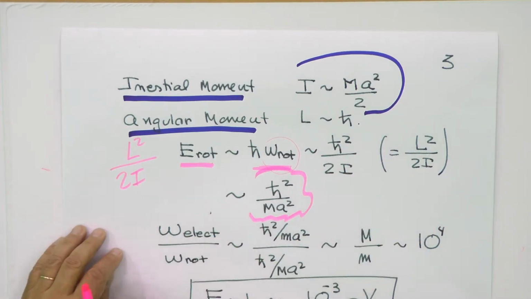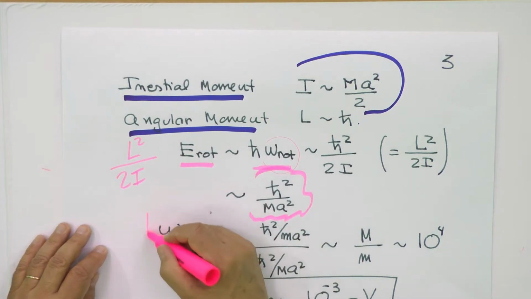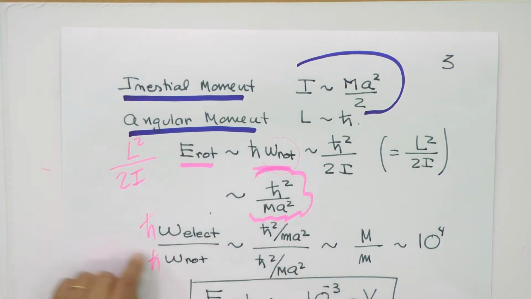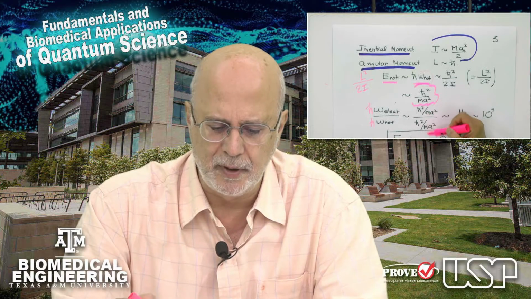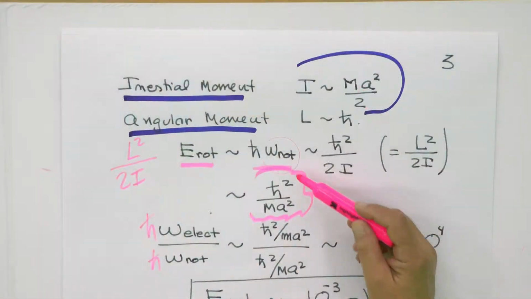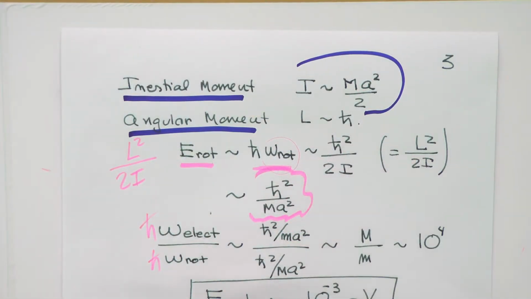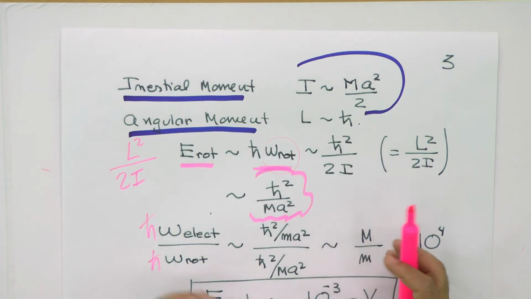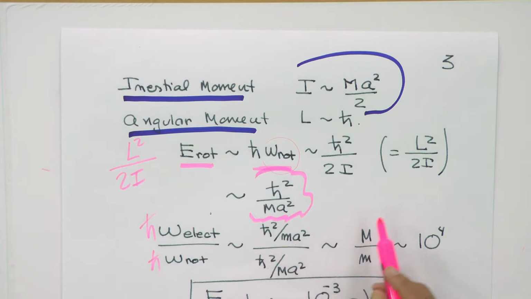So if we multiply the electron frequency and the rotation frequency by h bar, we have the ratio between the two energies. The electron energy that we already calculated before is h bar squared divided by ma squared, remember, by the uncertainty principle. And now we have h bar squared divided by M, the nucleus mass, a squared.